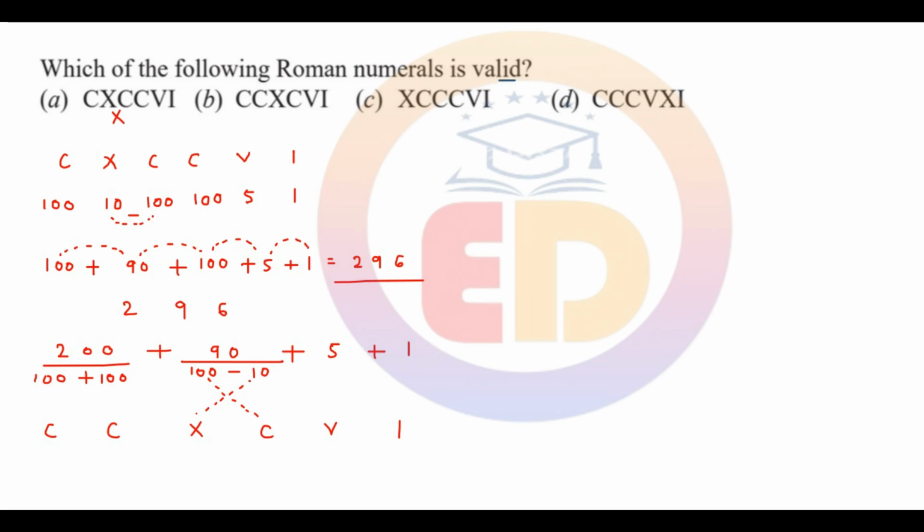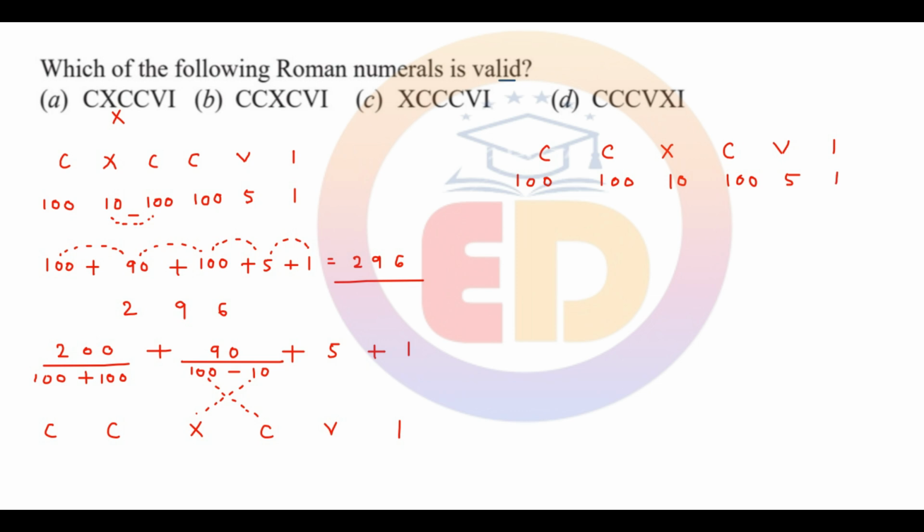Let's move on to the second one. C, C, X, C, V, I. C is 100. This C is 100. This is 10. This is 100. This is 5.